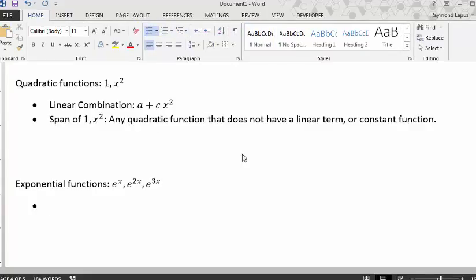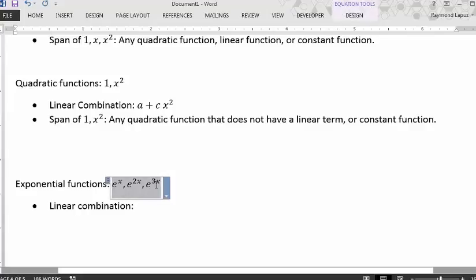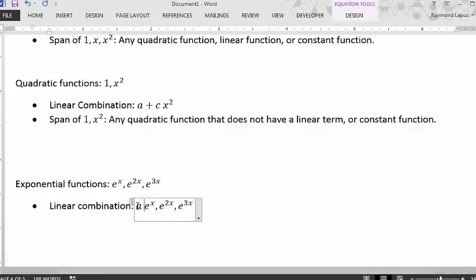So the linear combination would essentially be these functions, or vectors, where we multiply the first one by some constant, multiply the second one by some constant, add it to the first one, and then multiply the third one by another constant. So this is a linear combination.